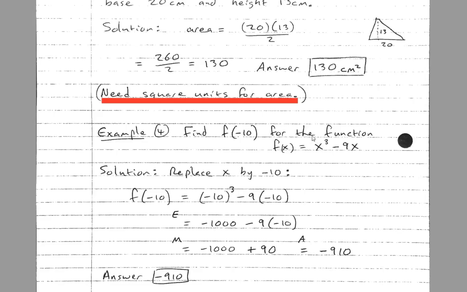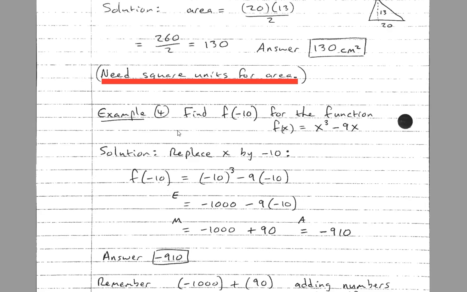Alright, let's do one using a function. Example 4: find f of -10 for the function f of x equals x to the third power minus 9x. Okay, so we're dealing with functions here, and this is a special function notation.